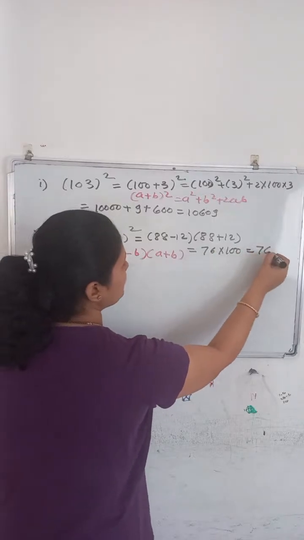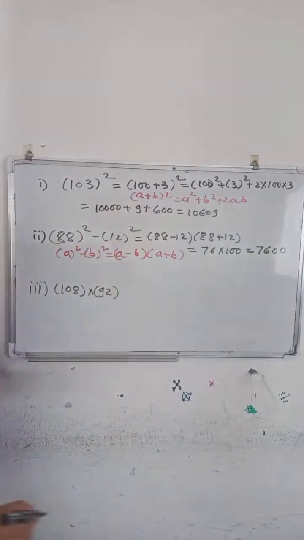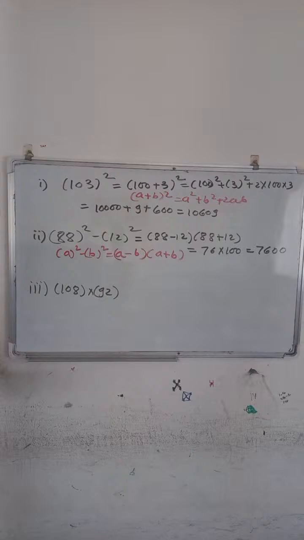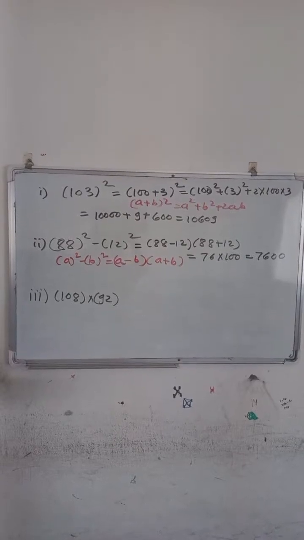So 7,600 is the answer. With red color I wrote the identity. You just check the identities. Identity is very important here.